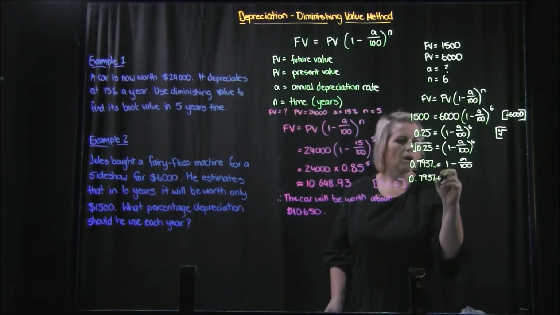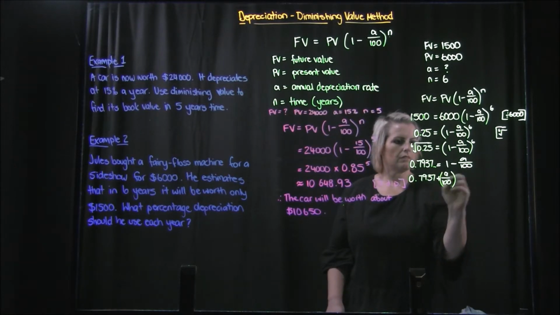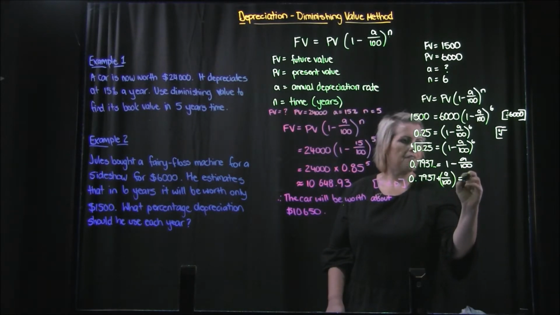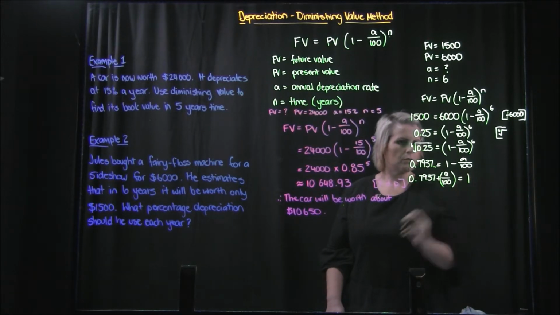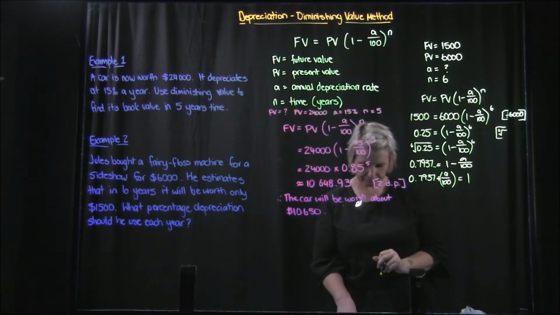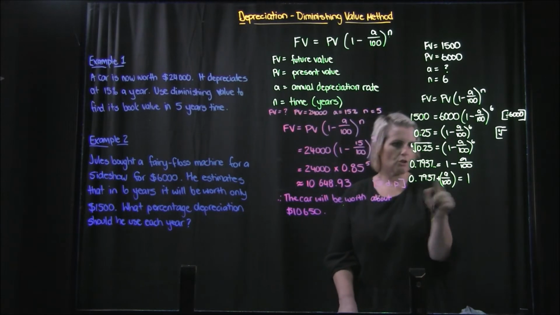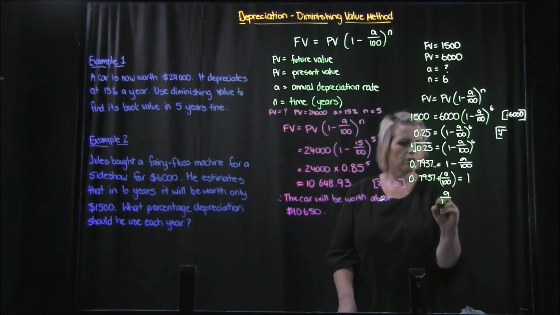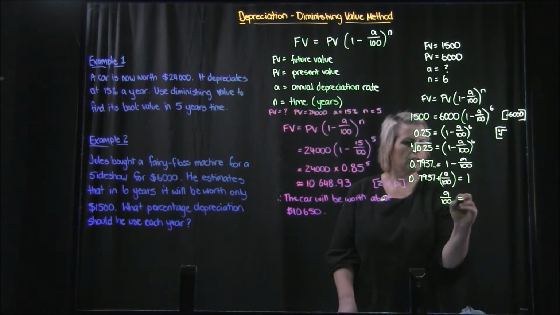I'm going to add because that's the bit I'm taking away, okay? I'm not taking away 1, that's positive 1, that's negative A over 100. And that leaves me with 1 on this side. Then, because I don't want these on both sides, I'm going to go A over 100. And instead of adding this, I'm going to take.